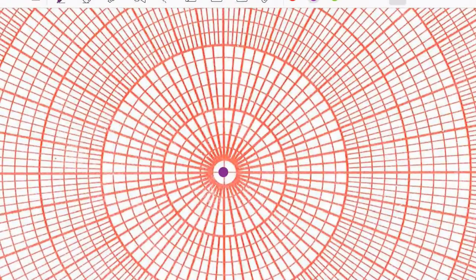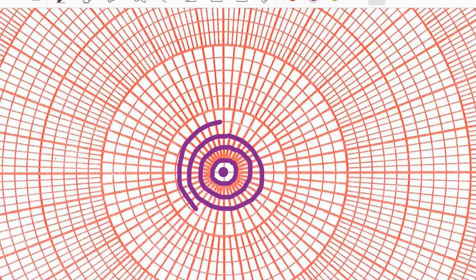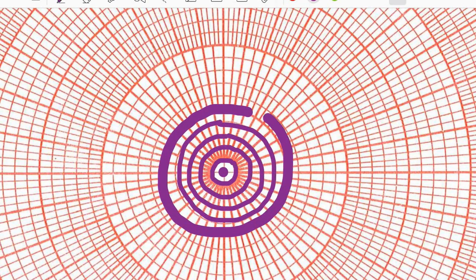Let's go to the very center. First of all, we have to understand that that is definitely 0 radii. But my first circle from the center would be 0.2, which would make my next circle 0.4. Next one is 0.6, and then we would have 0.8, which takes us to our first full circle of 1.